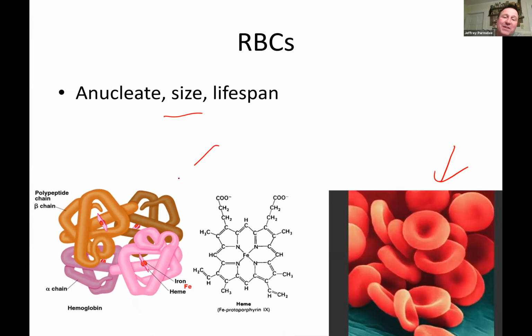And this hemoglobin, awesome, does this cooperative binding where once oxygen binds to one, it's more likely to bind to the others. Very, very cool. And it's got that iron in the middle of it, right, of your hemoglobin. And by having the shape, it makes them flexible, and more surface area means more hemoglobin is near the surface, so it can take in oxygen from your lungs and release it in your tissues.